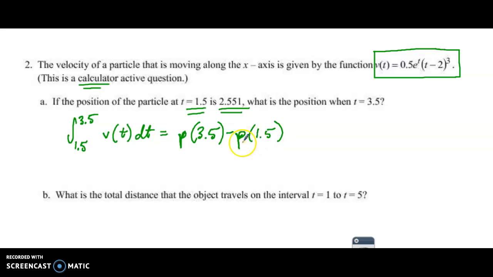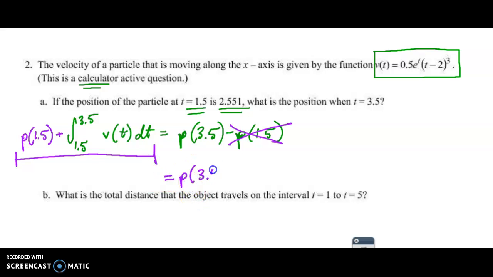I'm just not a big fan of this because I'm so used to the textbooks that go ahead and add the p of 1.5 over, and then they can quickly solve. So this is all the work that you need to show, because at that point we're trusting that you're going to your calculator. So let me show you how to type that into your calculator.